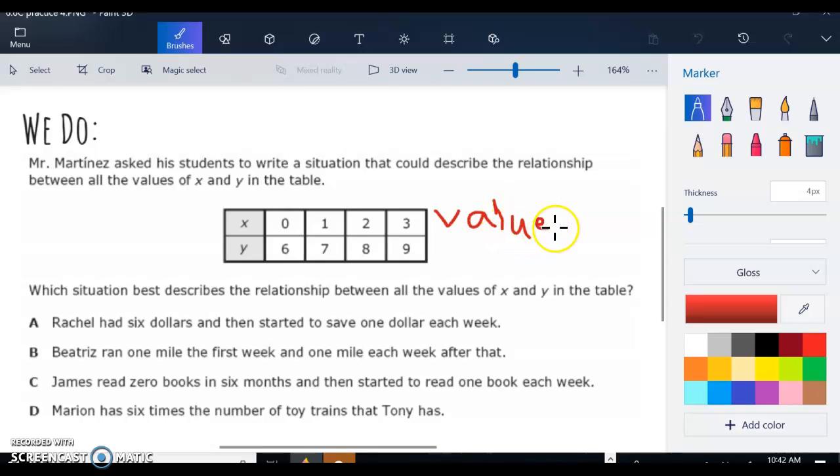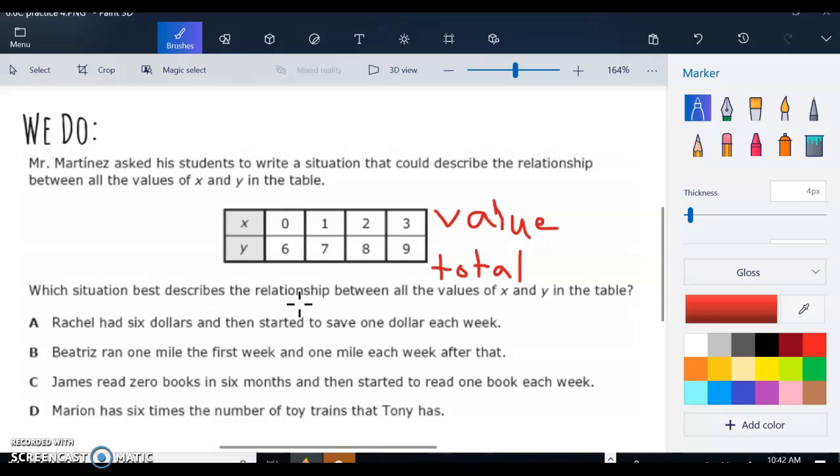Remember, this has to have the value attached to it. And then the y is going to be a total. So, it says, which situation best describes the relationship between all the values of x and y in the table?